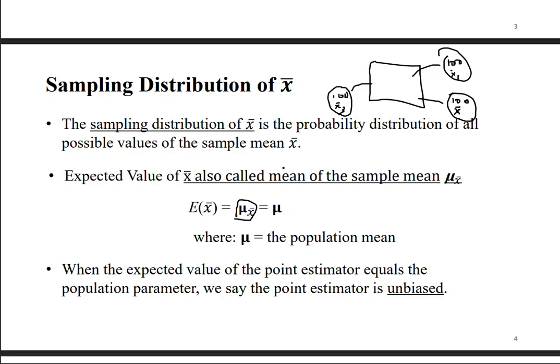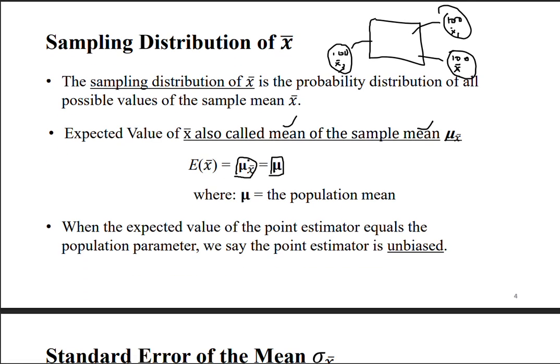More or less the average of the sample averages. And we know that the average of the sample averages is always equal to the population average. And therefore, the average of sample averages could be our unbiased estimator of the population average.